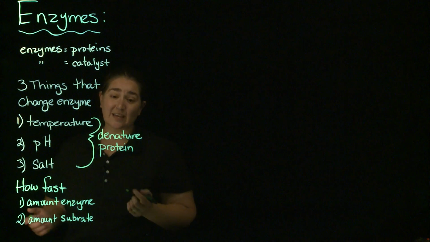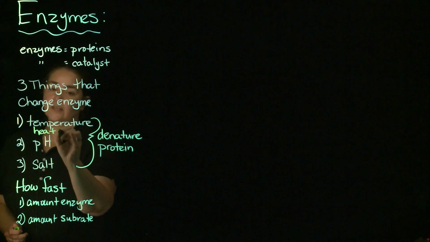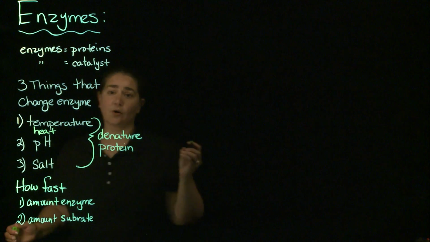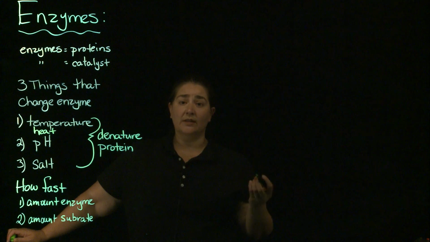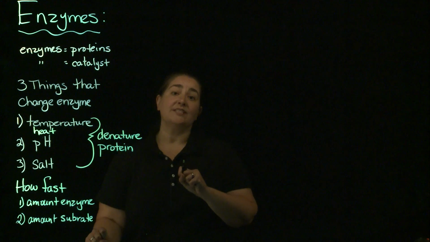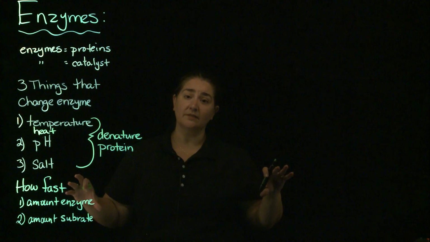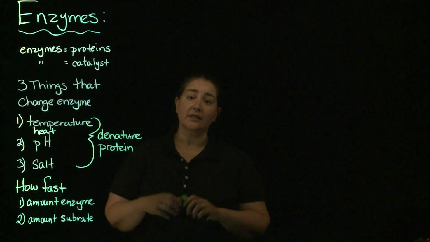So when we're talking temperature, typically what we're talking about is heat more than cold, although cold can also impact how an enzyme functions. Heat is what's more likely to denature the protein. Cold temperature works a little bit differently.